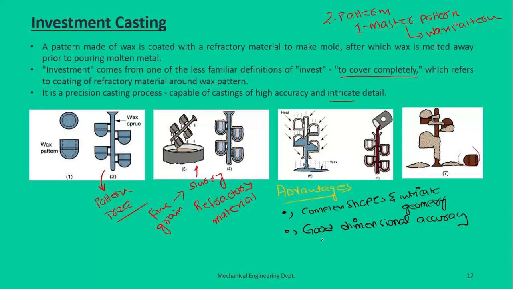The dimensional tolerances can be as low as 0.075 millimeter. Probably you remember that in the vacuum process we have a dimensional tolerance of 0.25 millimeter, so this is even better. Another advantage is a good surface finish, and the wax can be reused.